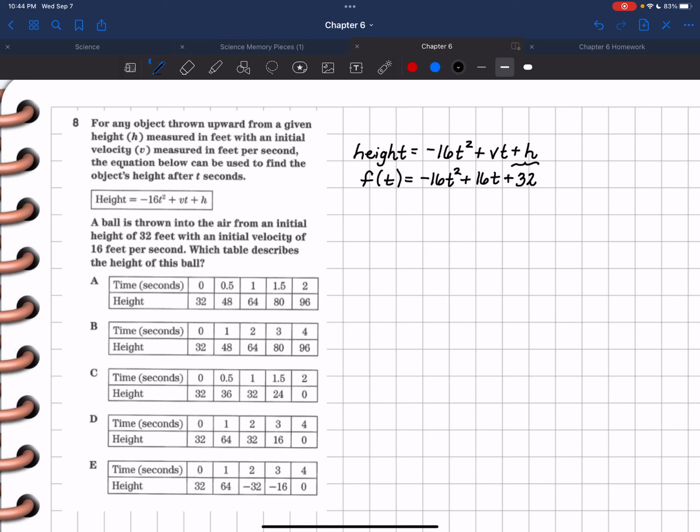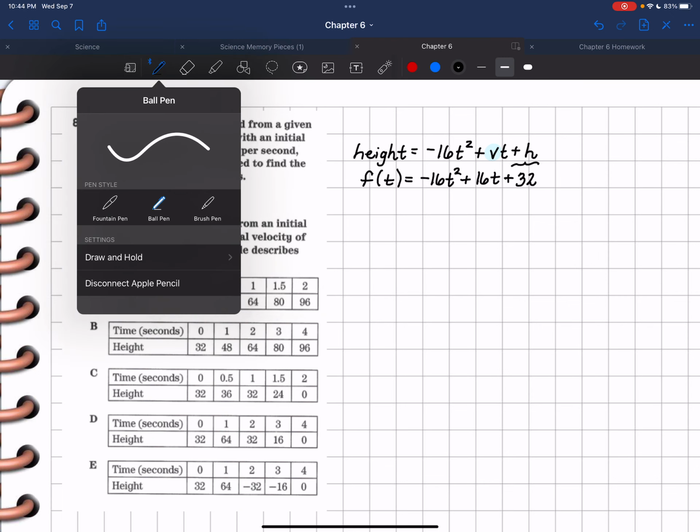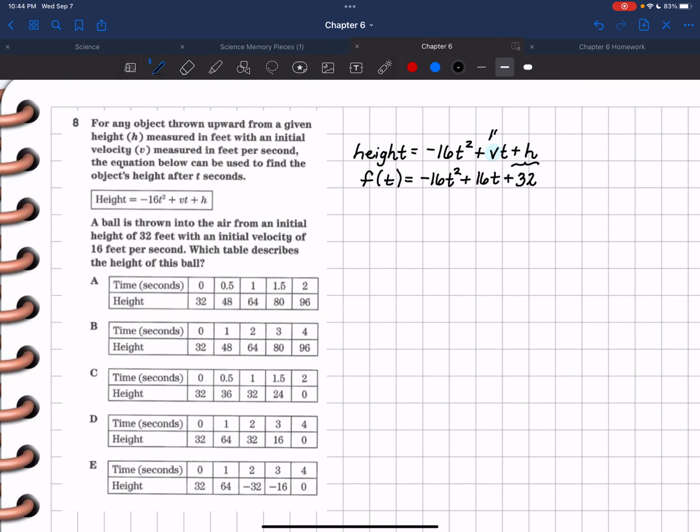In other words, I had to substitute velocity, that's 16 feet per second, and I had to substitute the initial starting position, which was 32 feet. So once I fill those in, this becomes a function just about time in seconds. So t is going to be the number of seconds.